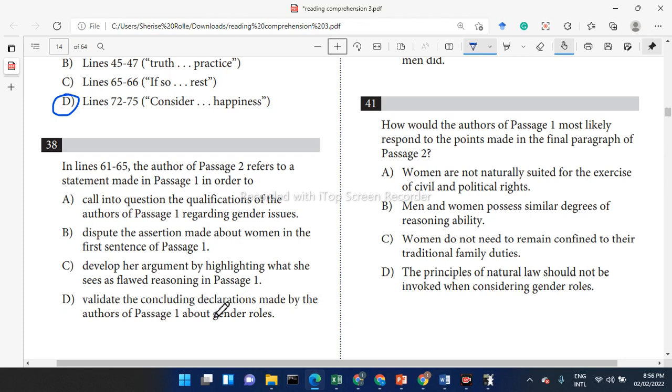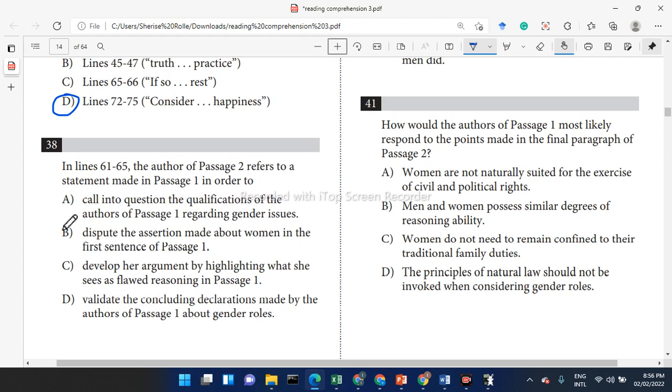So why did she include an excerpt from the man's passage? What did she do that for? Because his reasoning was flawed.